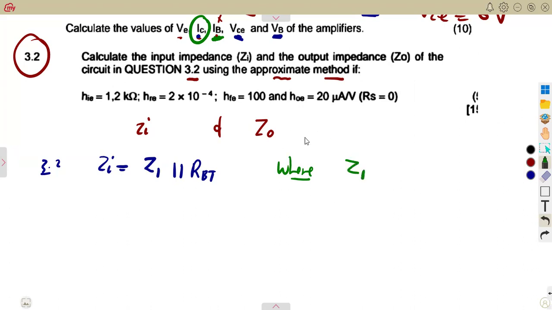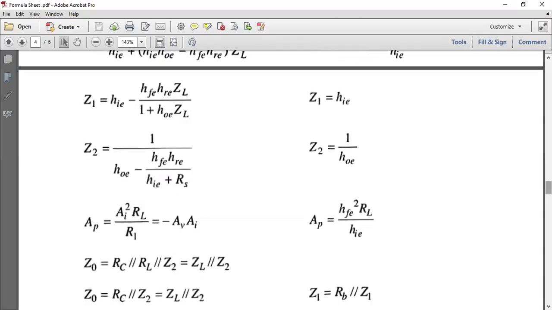By approximation now, Z1 is no longer equal to that formula that you were used to. It's no longer this one. But Z1 is now equal to HI. That is by approximation. Z1 will be equated to the input impedance. Z1, not Zi. Zi is the input of the whole entire circuit.